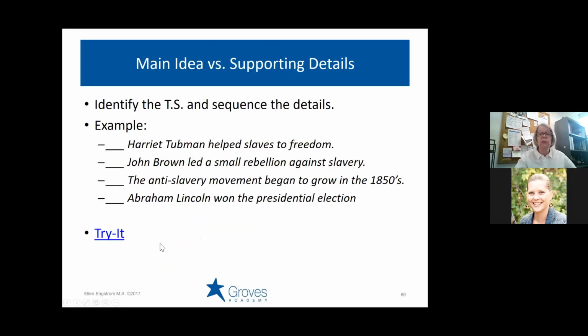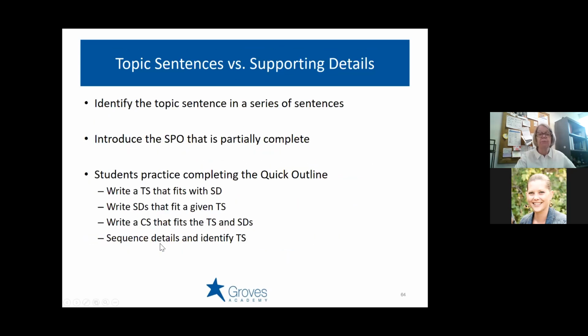And so by teaching topic sentence, you can ask students to identify a topic sentence in a series, or give it in the single paragraph outline that's partially complete, and then students have to finish the quick outline with details.